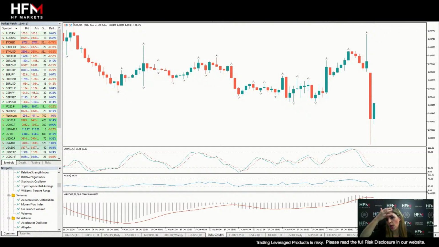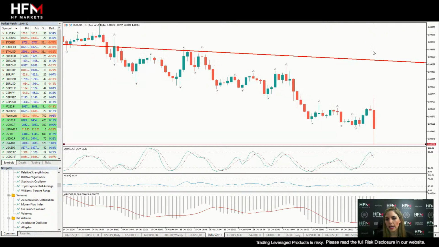Okay, so here is the 30 minutes chart in euro dollar. As I mentioned earlier, dip 108.32 level, right? We have seen the euro dollar breaking the 109 handle since the 15th of October, since Monday, so it is extending further lower.